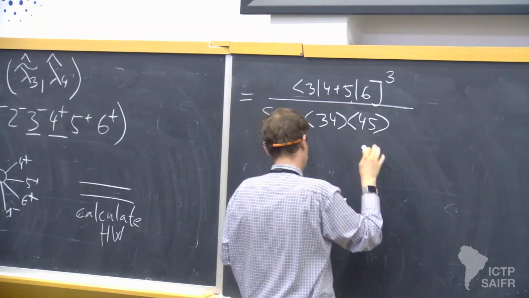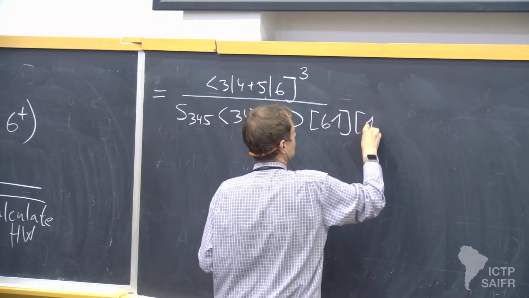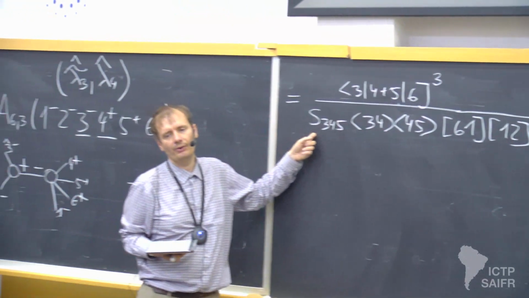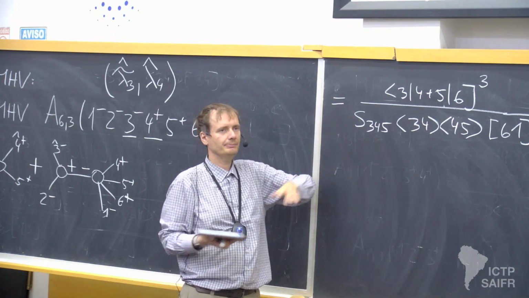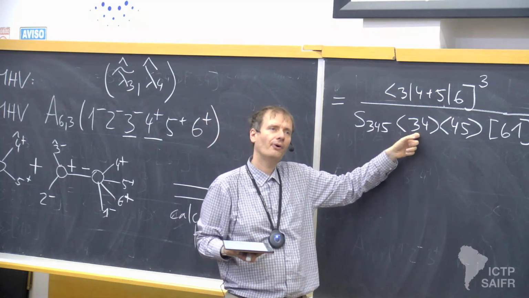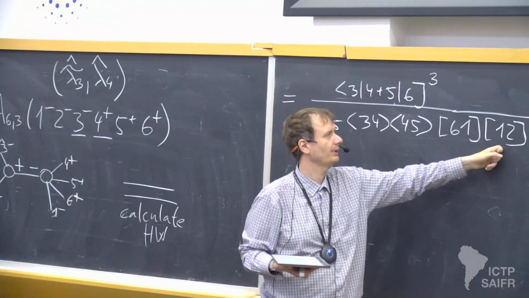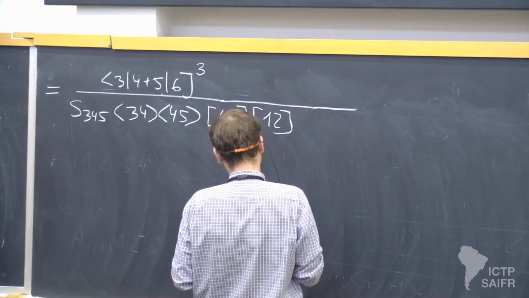It has this type of brackets. Know that all these poles are physical poles. They would show up in Feynman diagrams as well. This is the multi-particle pole. This is S34, just 1/2 of it. This is S45, S61, S12, but just half of it, just either the angle or square brackets.